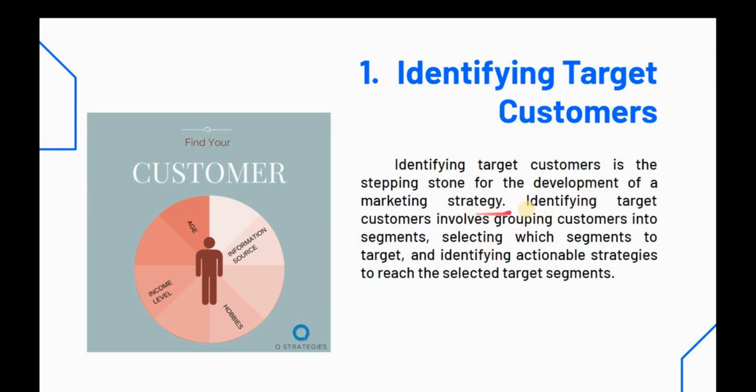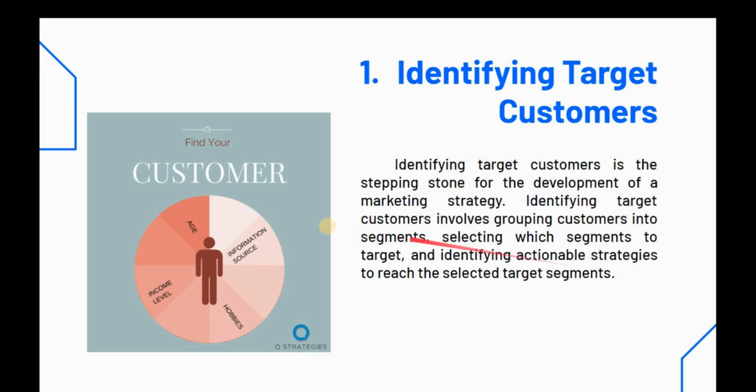This is a stepping stone for the development of marketing strategy. Identifying the target market or target customer involves grouping customers into segments, selecting which segments to target, and identifying actionable strategies to reach the selected target segments.